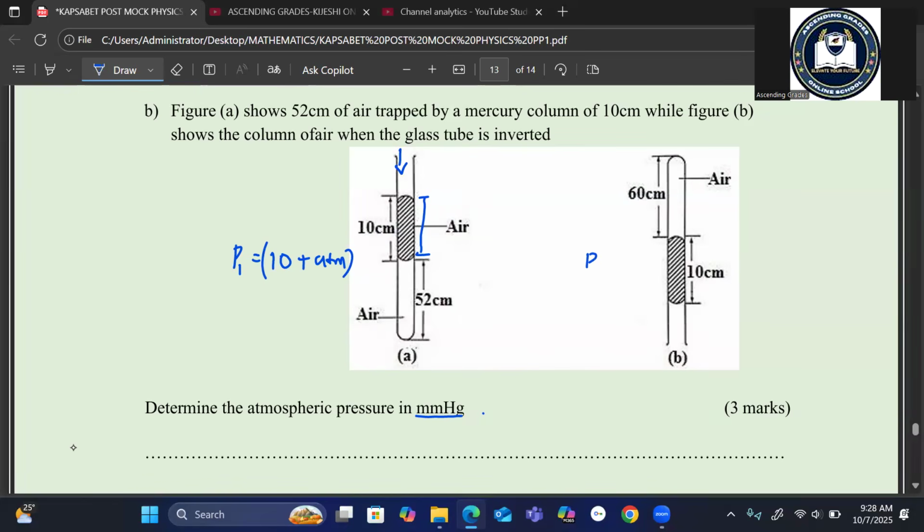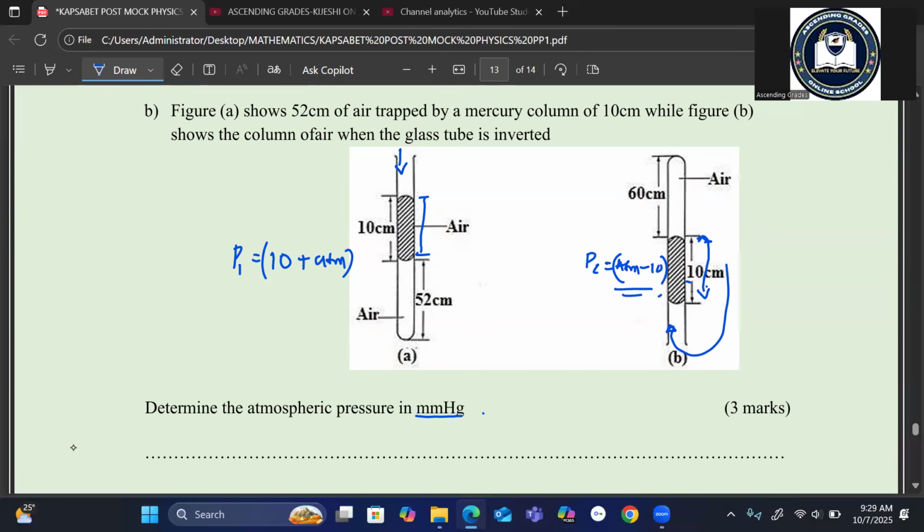Then our pressure 2 will be the ATM, because it is only ATM that is acting like this, and it is counteracted by the height, rho g, of the mercury column. So it will be ATM minus 10.